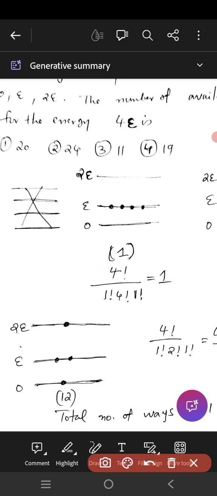We want to find the total number of microstates possible for the system having total energy 4 epsilon. So we have to consider the different configurations of the system which give total energy 4 epsilon.